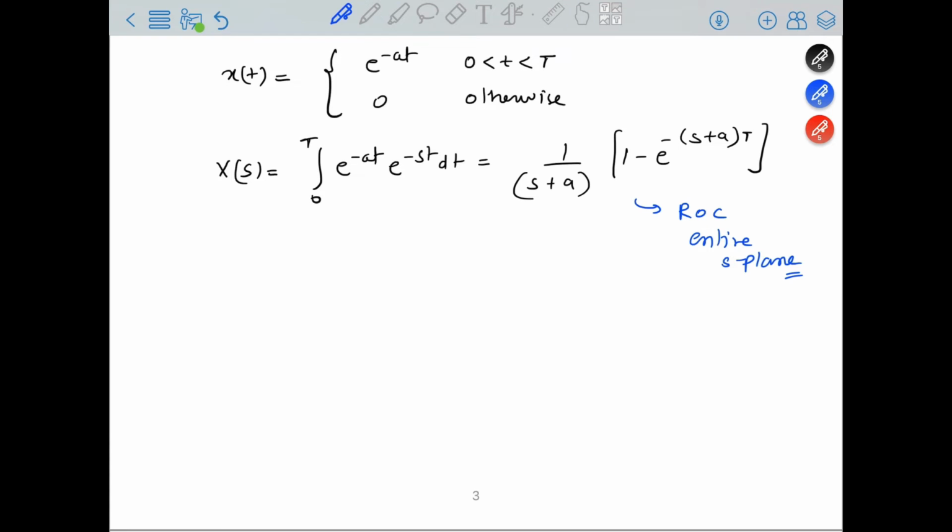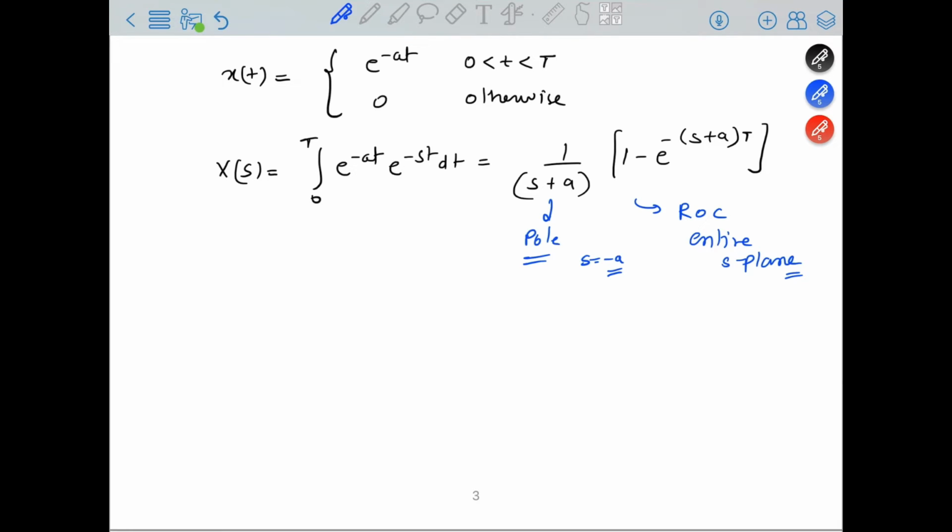Some of you will get confused by the form of this transform because you can see that there is a pole also. So you can argue that for s equal to minus a, this point cannot be included in the ROC, and you cannot say that the ROC is the entire s plane. But if you carefully see this form, if you put s equal to minus a, then both the numerator and denominator will be equal to 0, and we have to apply L'Hopital's rule.